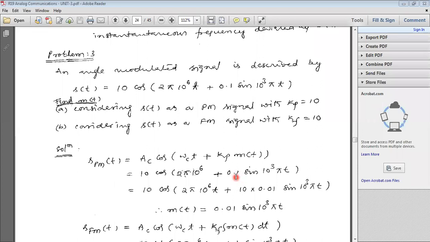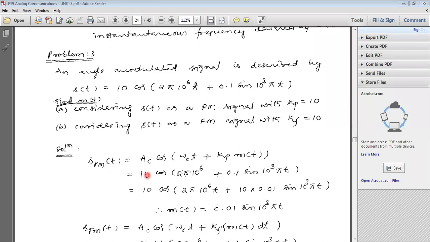So 0.1 is split into 10 into 0.01. Since he already gave kp as 10, to compare, 10 into what is the remaining parameter? 0.01. The remaining signal is the same as it is.